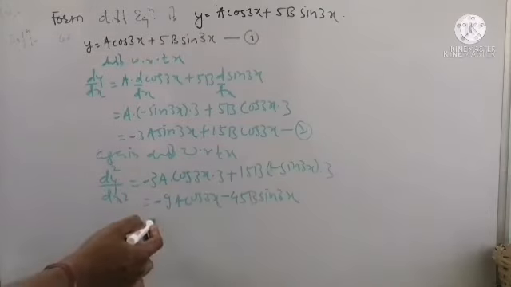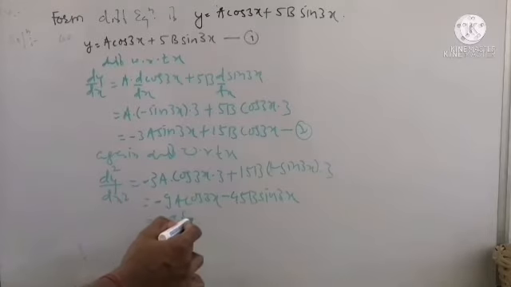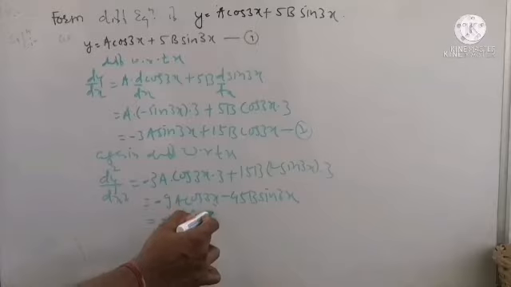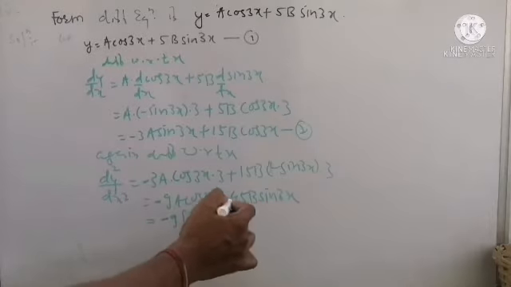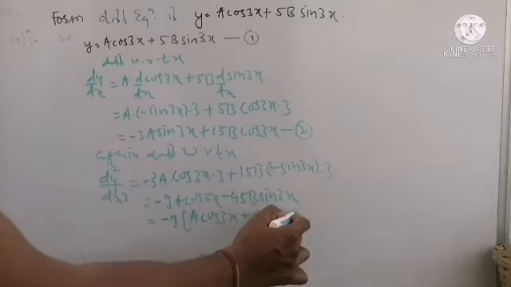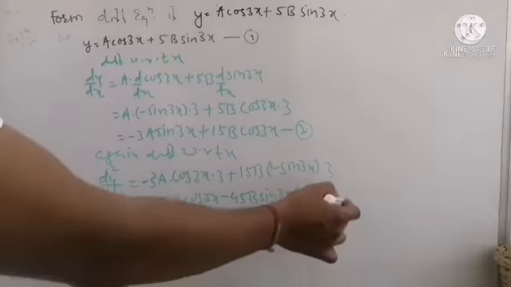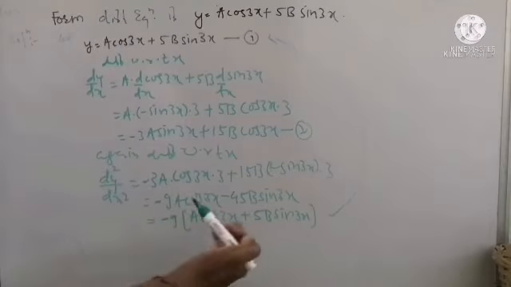Now on the right hand side we can take minus 9 common from both the terms, so we get in the first term a cos of 3x, and the second term becomes positive as we take minus, and 45 divided by 9 is 5b sin 3x. Now you can observe equation 1, y is equal to a cos 3x plus 5b sin 3x, which is here in the bracket.